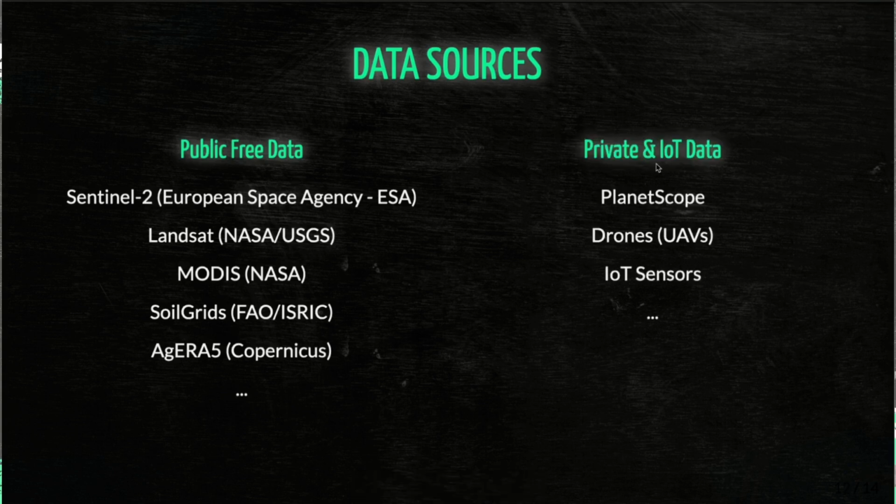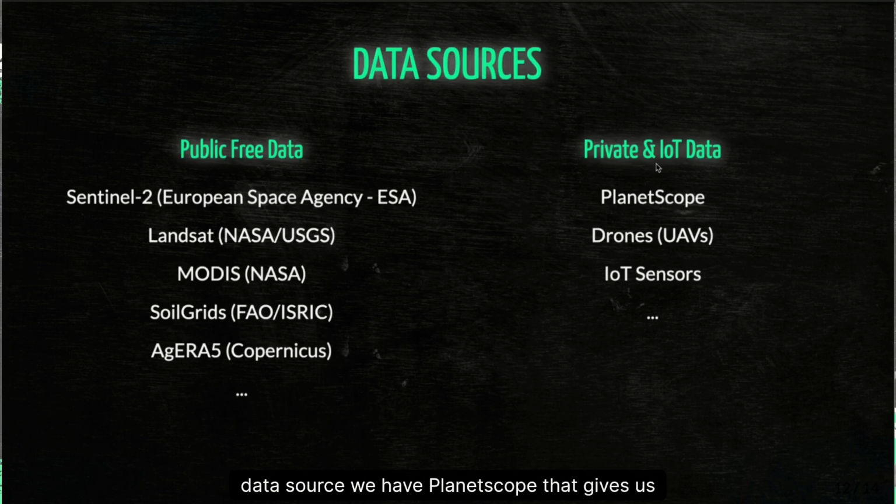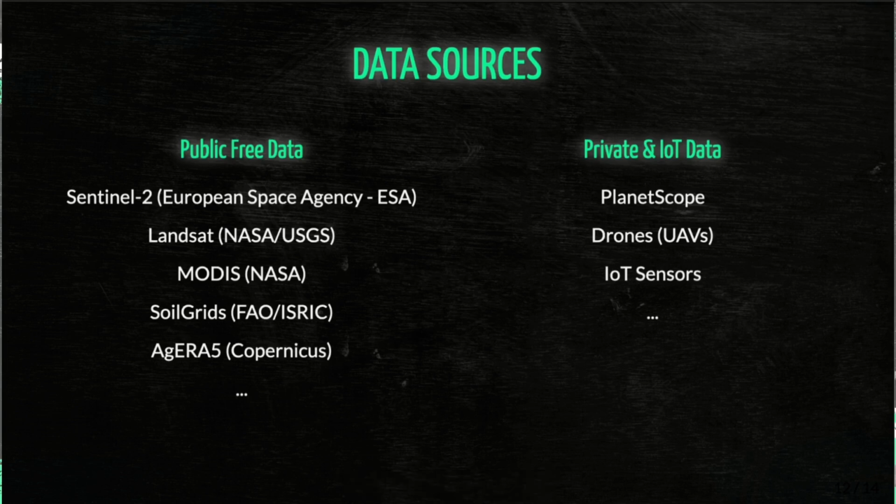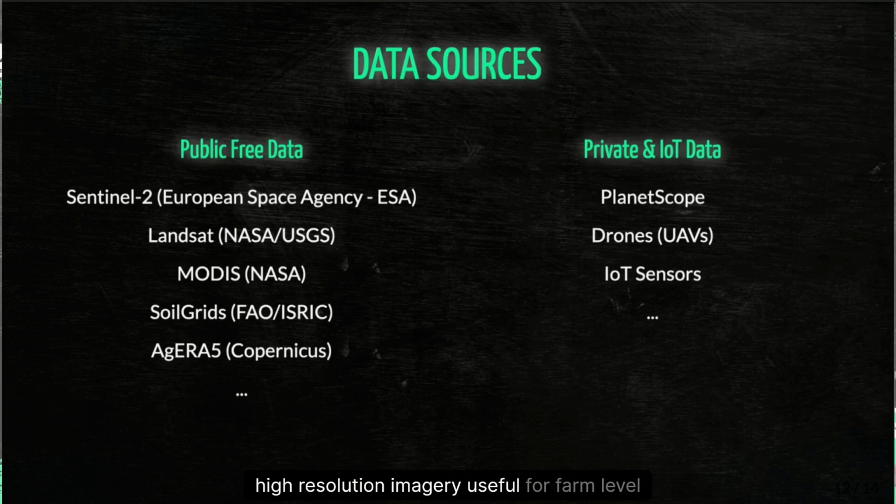In the private data sources, we have PlanetScope that gives us satellite remote sensing images. We also have drones and different kinds of sensors, which usually give us high-resolution imagery useful for farm-level applications and many kinds of precision agriculture.